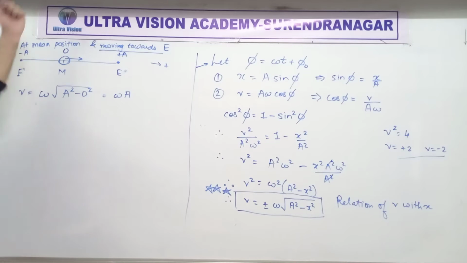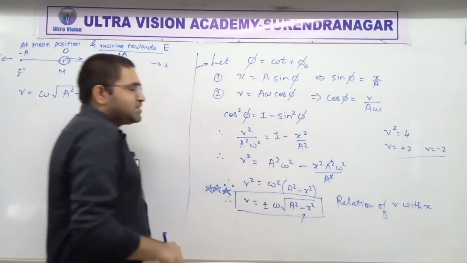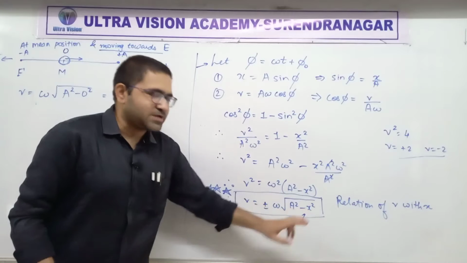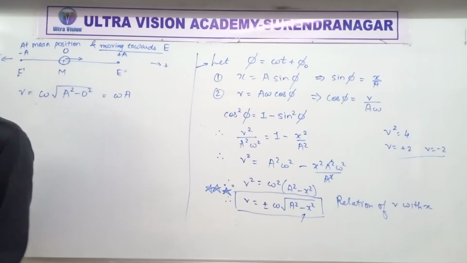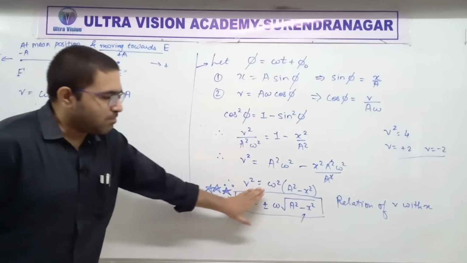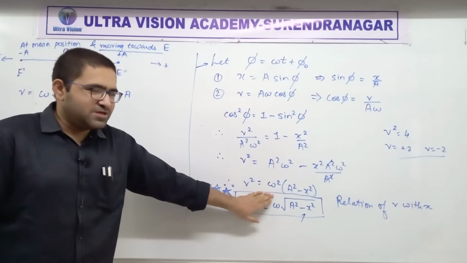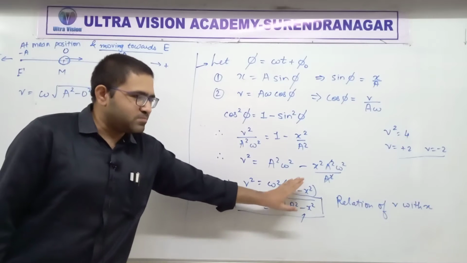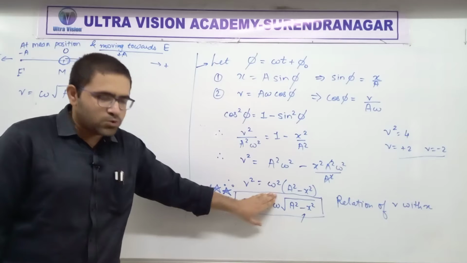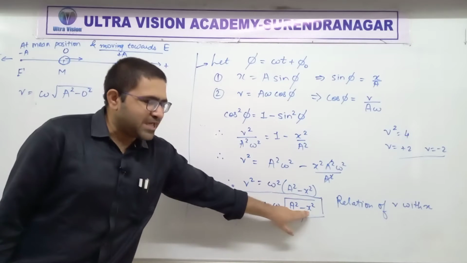One more thing to understand is that when you use this formula, you are actually subtracting x squared. So if you want the maximum modulus, the maximum magnitude, forget plus or minus for a second. If you want the maximum magnitude of velocity, then you will have to put x as minimum.